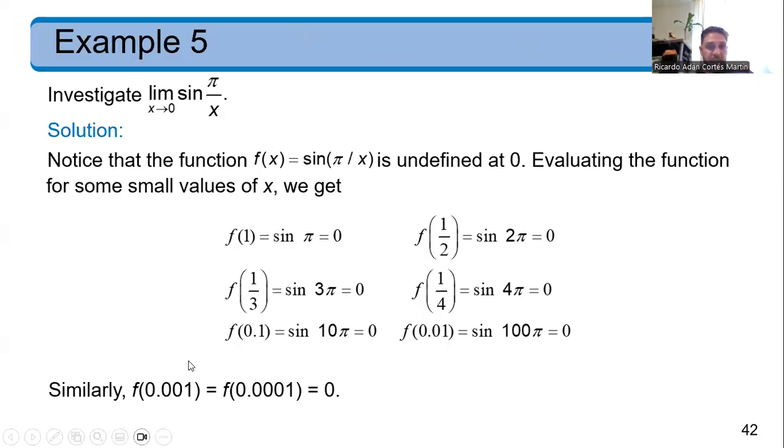But what happens with this as x approaches 0?